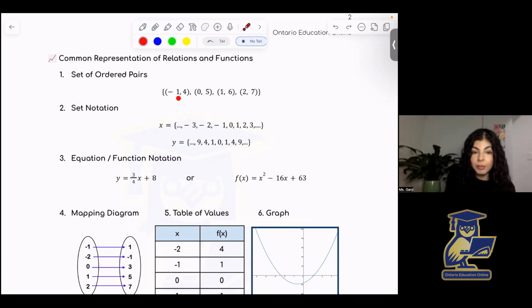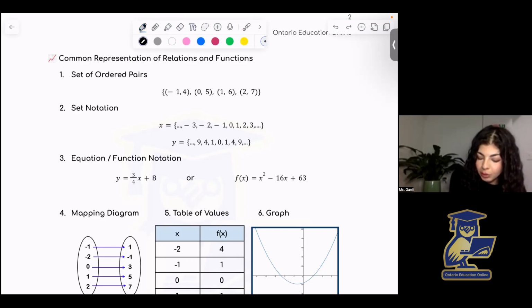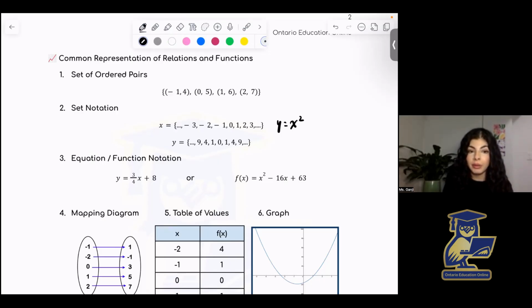So in the set of ordered pairs, you can see that relation between the input and output a little bit more distinctly, whereas with set notation, we can't necessarily see that connection right away. But if you look at these two, I hope you see it as the values for just the quadratic function y equals x squared, which holds for all x and y. So this is just a set of the whole number values for that function.